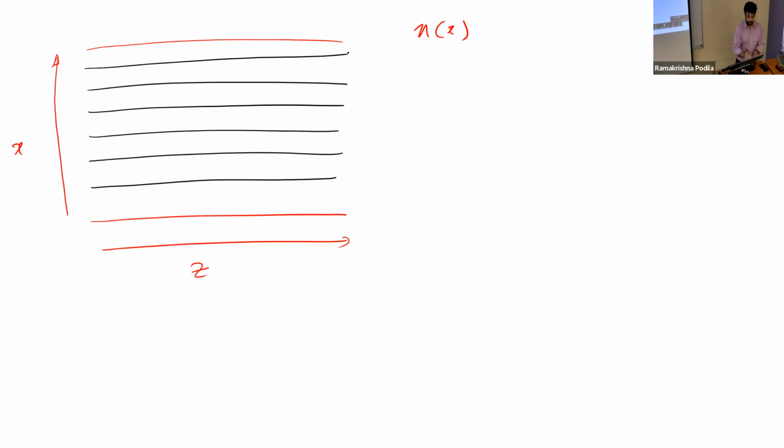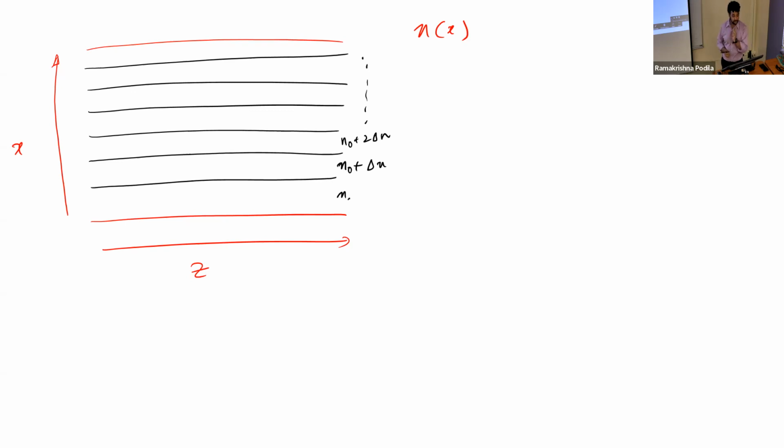And I can put some N0, then N0 plus some delta N, N0 plus 2 delta N. It could be varying any which way. It doesn't have to vary linearly like this, it could vary in some other fashion. It's just a function of X, and we're only considering the X direction.